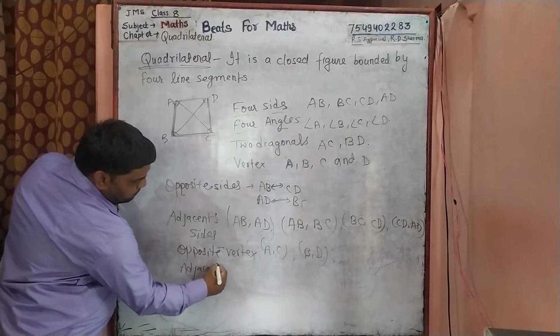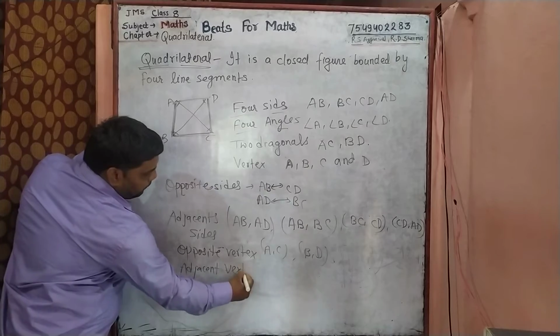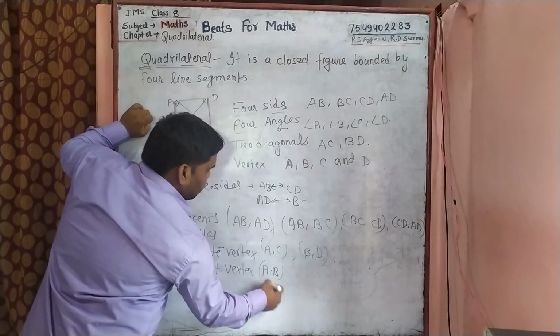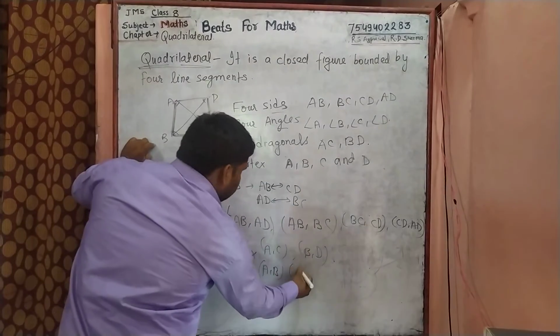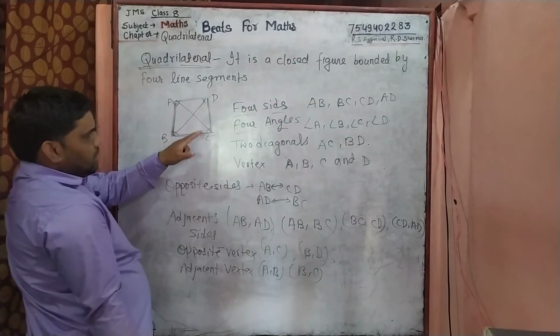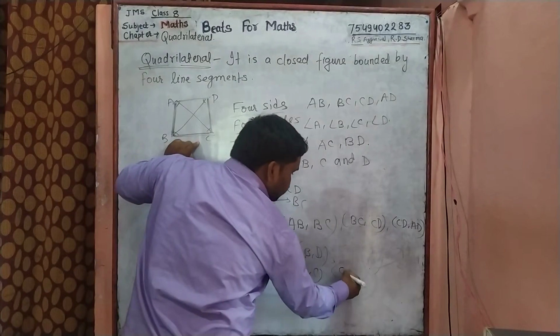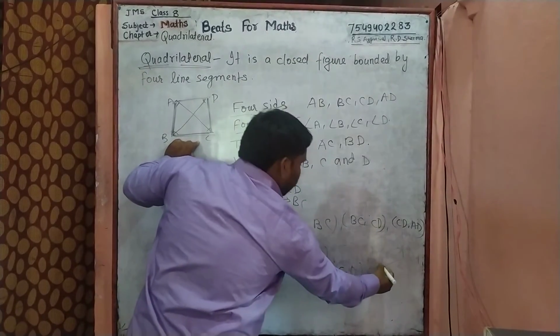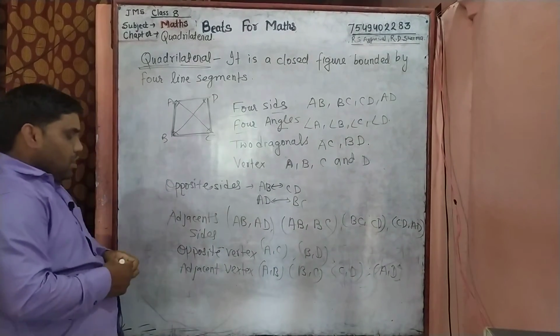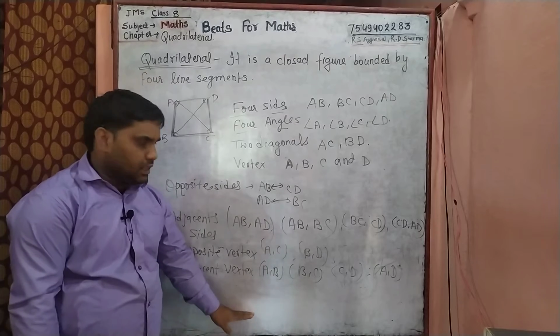Adjacent vertices. Here A, B. The four pairs of adjacent vertices are here A, B, B, C, C, D and AD. These are the four pairs of adjacent vertices.